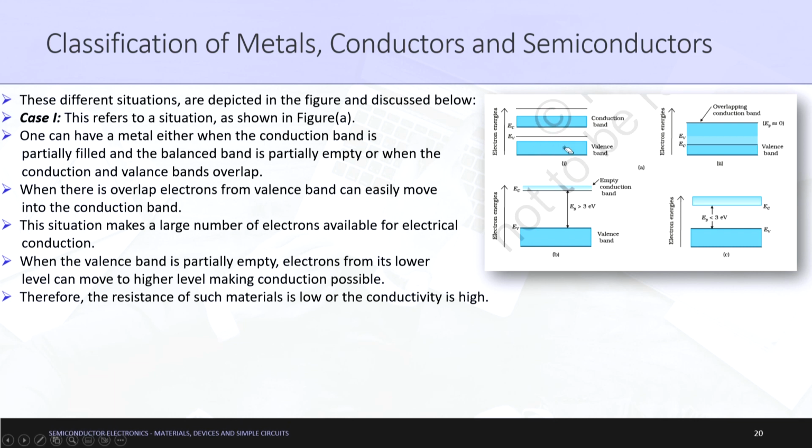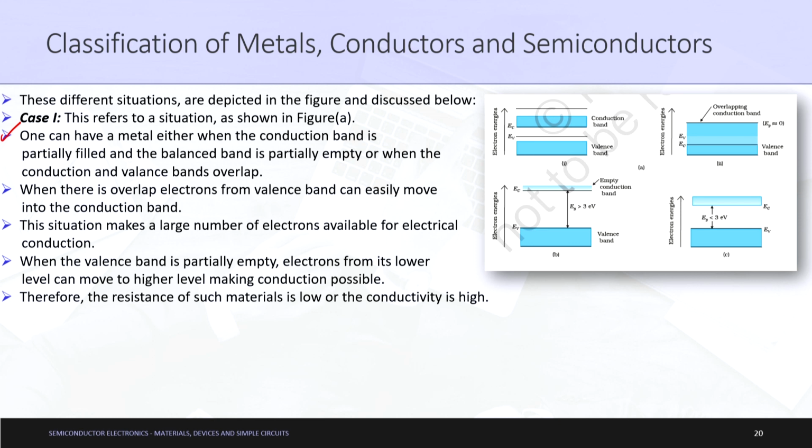One can have a metal either when the conduction band is partially filled and the valence band is partially filled, or when the conduction and valence bands overlap. When there is an overlap, electrons from the valence band can easily move into the conduction band. These bands are just telling you the different energy states in which the valence electrons can be.